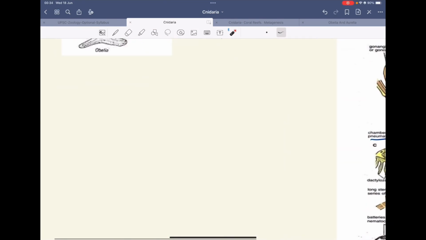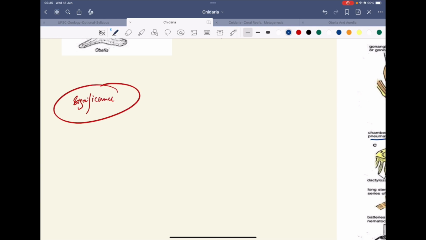Now one thing is there, what is the importance of polymorphism, why these organisms show polymorphism. Okay, let's discuss. First of all, the significance. First of all, you need to understand that the polymorphic forms help in the division of labor.